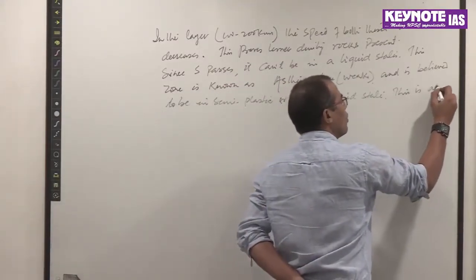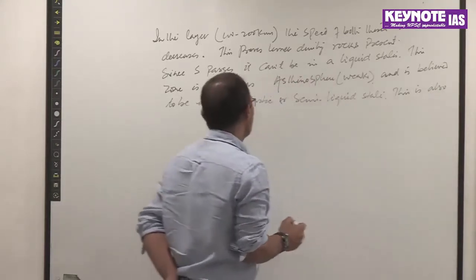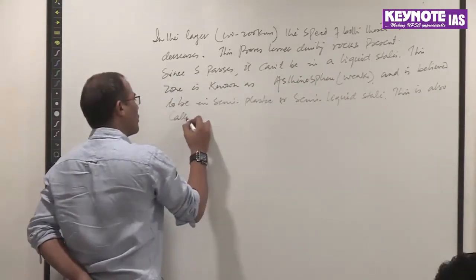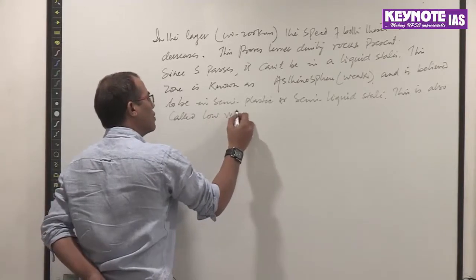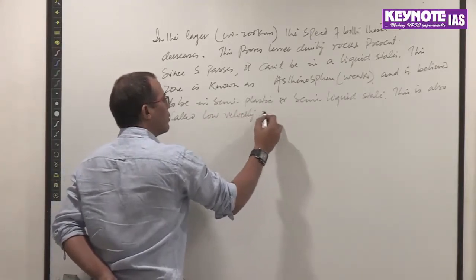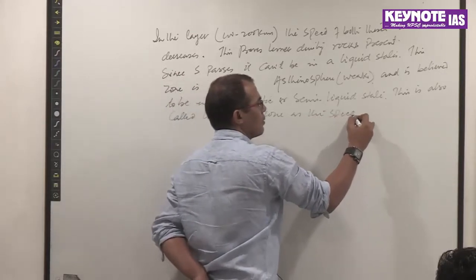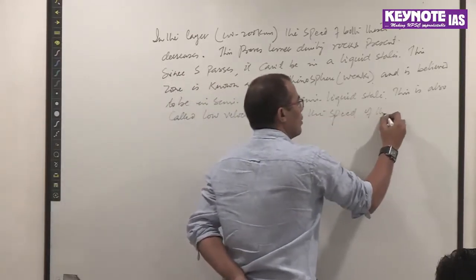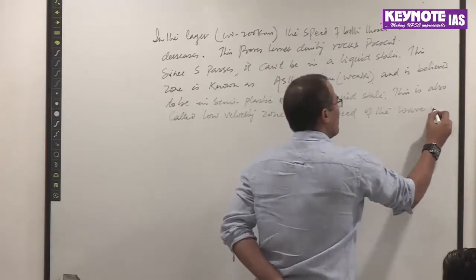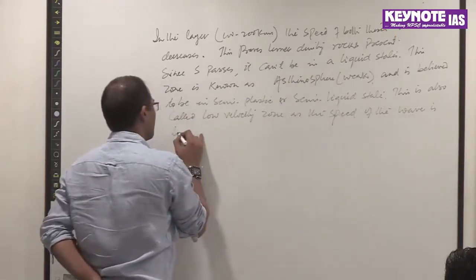This is also called the low velocity zone, as the speed of the waves is lower here.